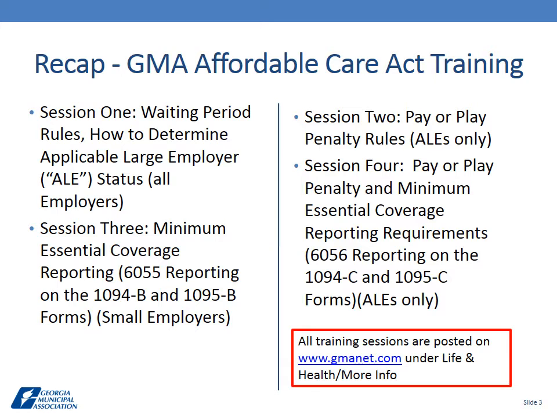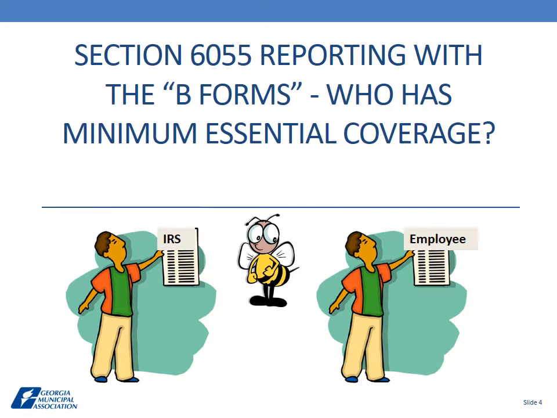Generally, we encourage employers that are not applicable large employers to review this session as well. Sessions 2 and 4 are designed for applicable large employers. They review the pay or play penalty rules and the C-series forms that are used to report whether pay or play penalties are due. All of these training sessions are posted on the GMA website.